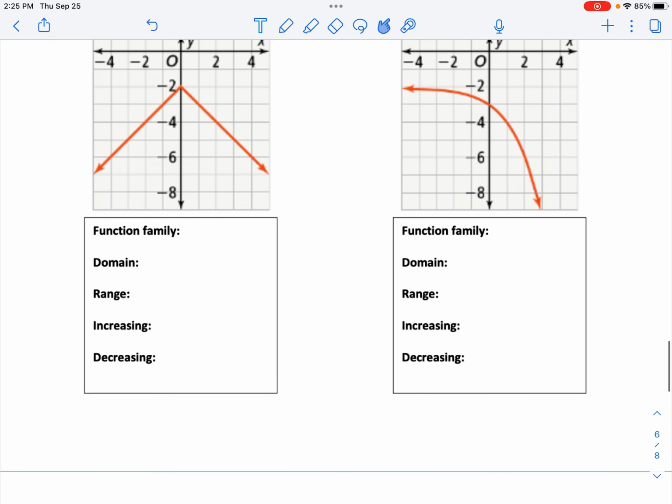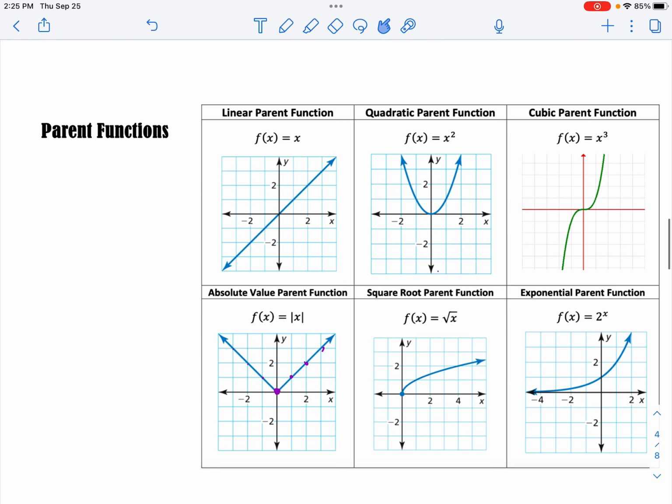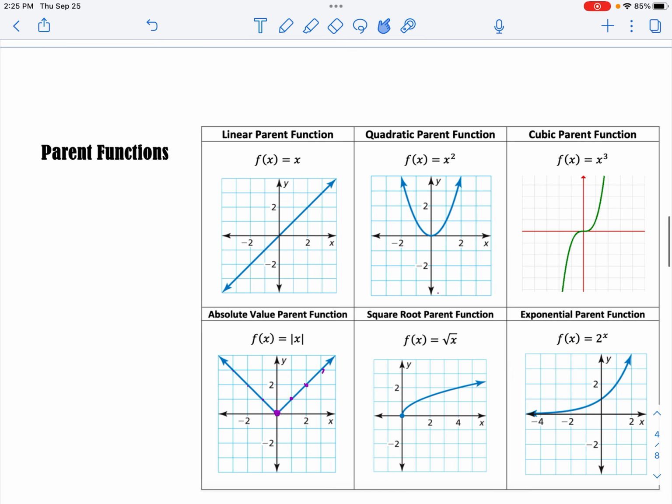Okay, so let's try a couple more, and then maybe that will solidify it a bit. All right, so this function here on the left, we notice this is again that V shape. So if we come back up here, that looks like absolute value.